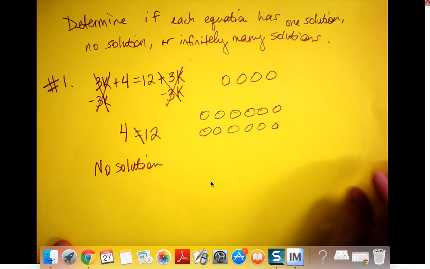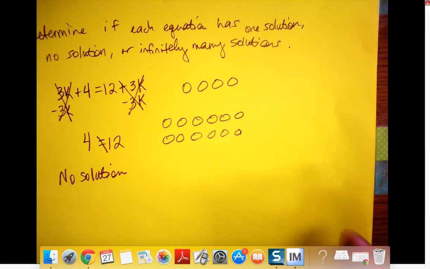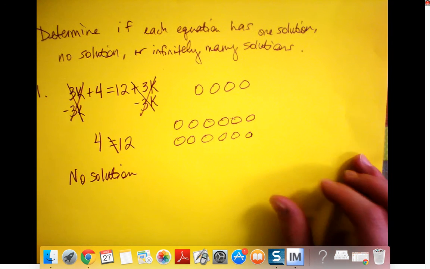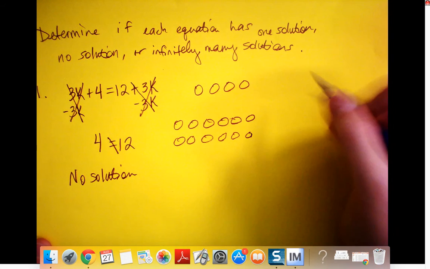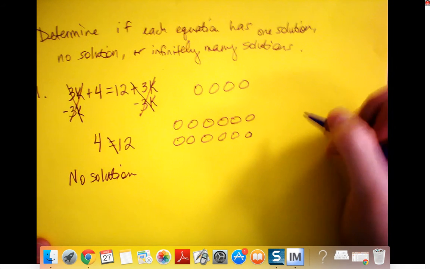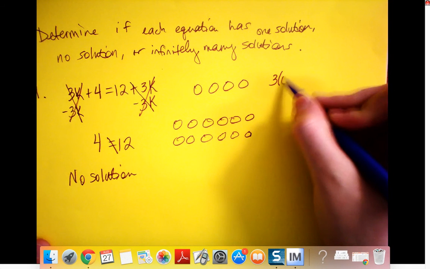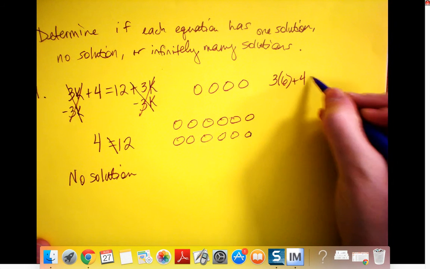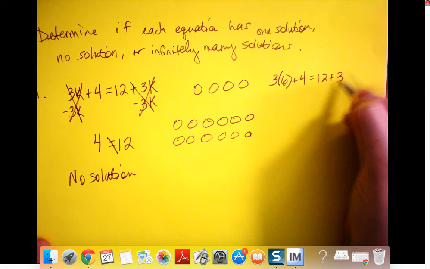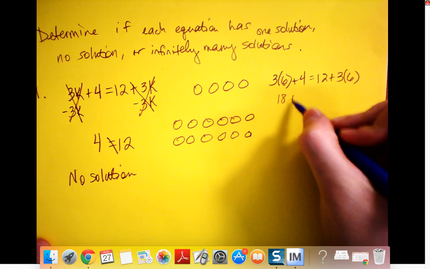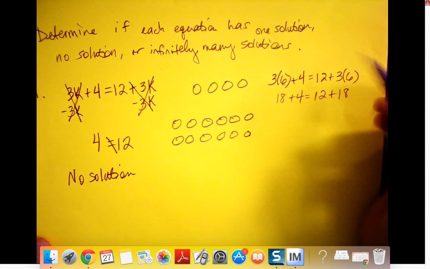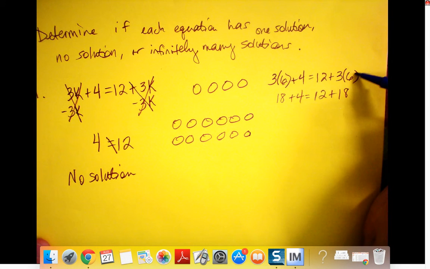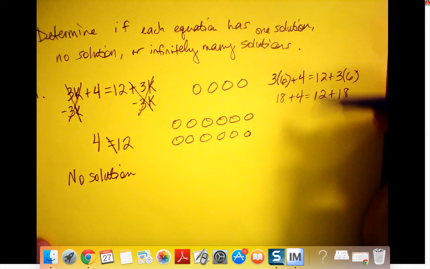Now, we can check ourselves just to make sure. By checking a no solution equation, you just pick a random number to substitute in for the variable. So I'm going to pick 6. After you substitute in the number that you're checking with, you just simplify each side.